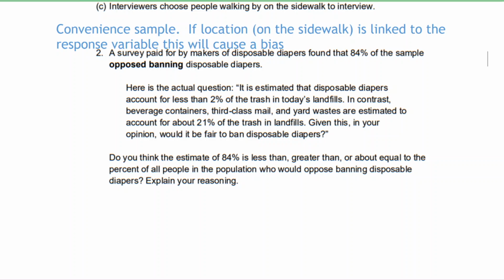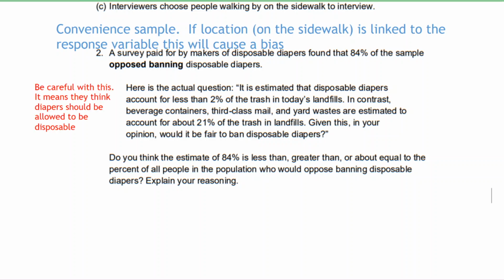So in this question here, they're kind of leading their respondents to a certain answer. They want them to say no. And you can tell that because they're giving them this extra information that makes the position of the makers of disposable diapers look elevated.